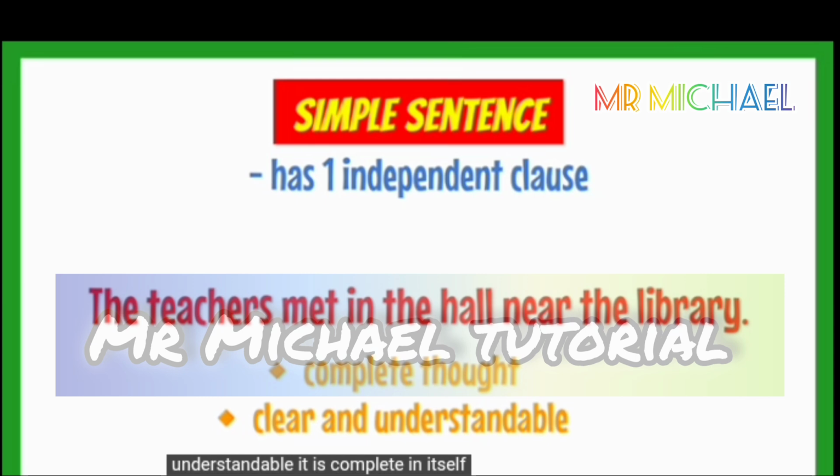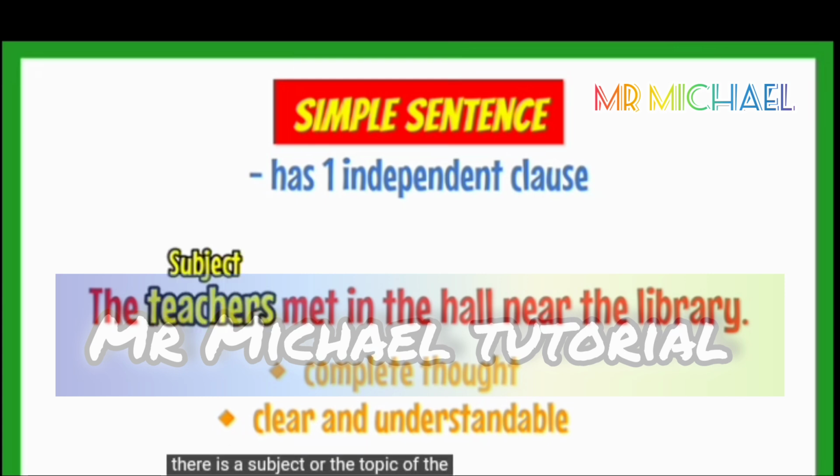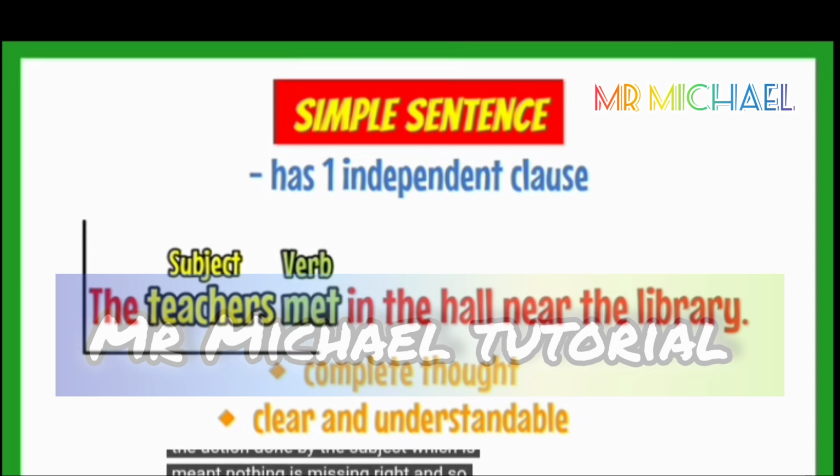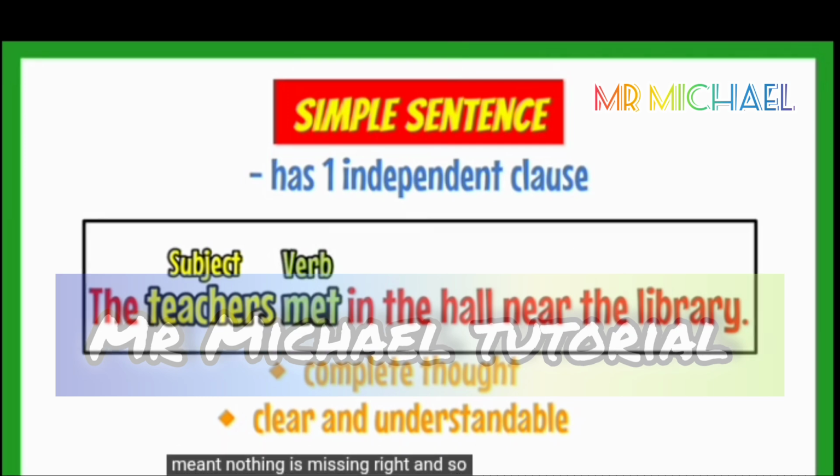There is a subject or the topic of the sentence, which is teachers, and the verb or the action done by the subject, which is met. Nothing is missing, right? And so, this entire sentence is an independent clause. There is only one independent clause, right?